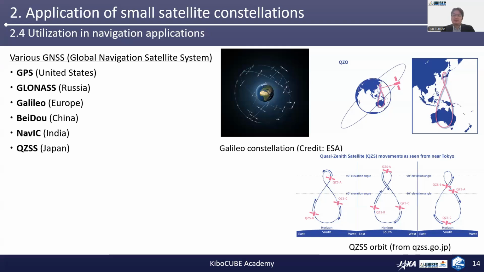QZSS supplements GPS, and its orbit is designed so that the satellite is visible at a high elevation angle over Japan for a longer period of time, as shown in the figure on the right, so that positioning signals from the satellite are not easily intercepted in high latitude areas, mountains, and urban areas in Japan.